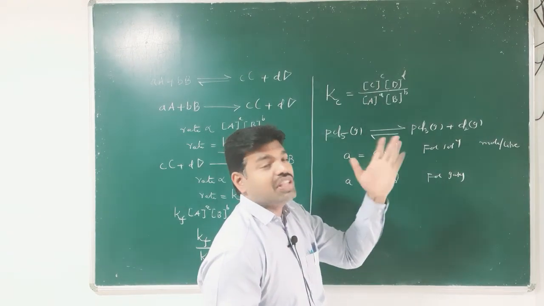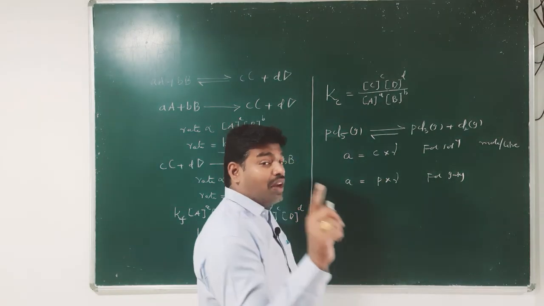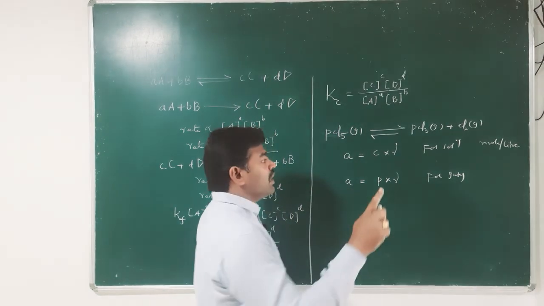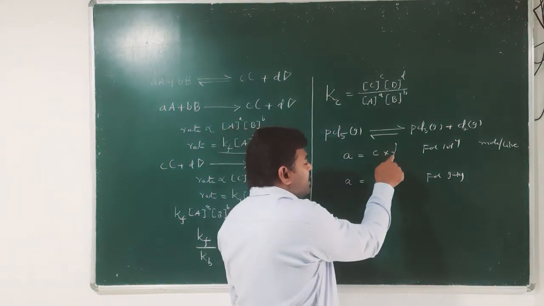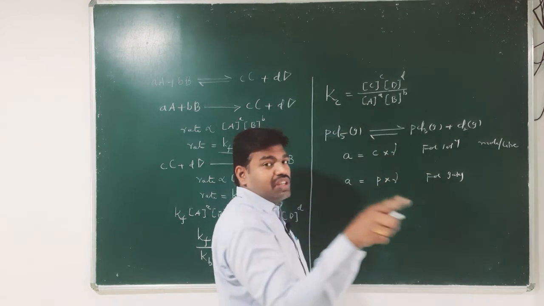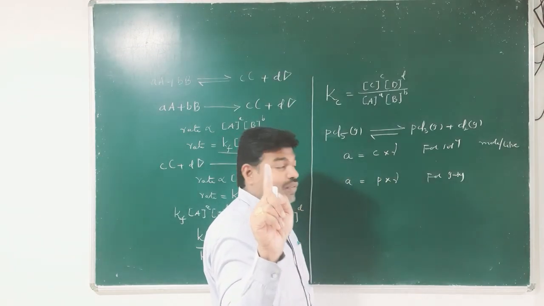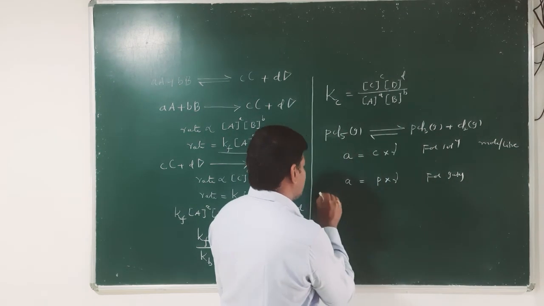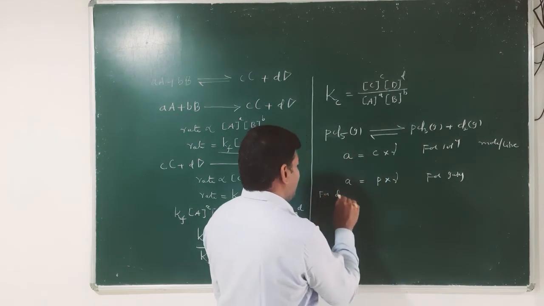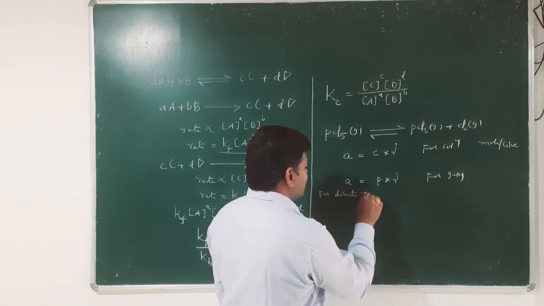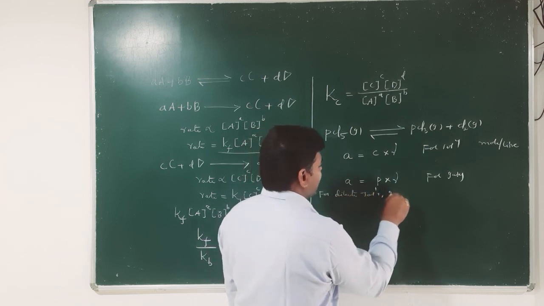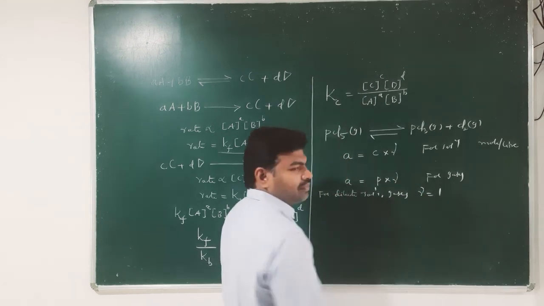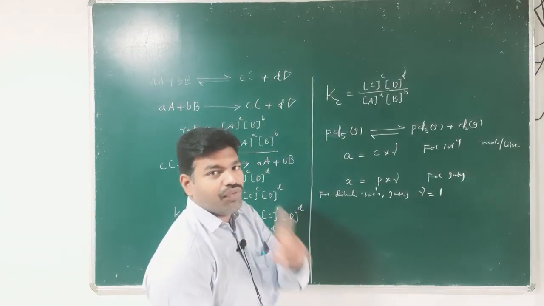For gases, we express the concentration with partial pressures, right? And one more thing I already told you in lecture 30: the activity coefficient for dilute solutions and gases is equal to 1. Gamma is equal to 1.